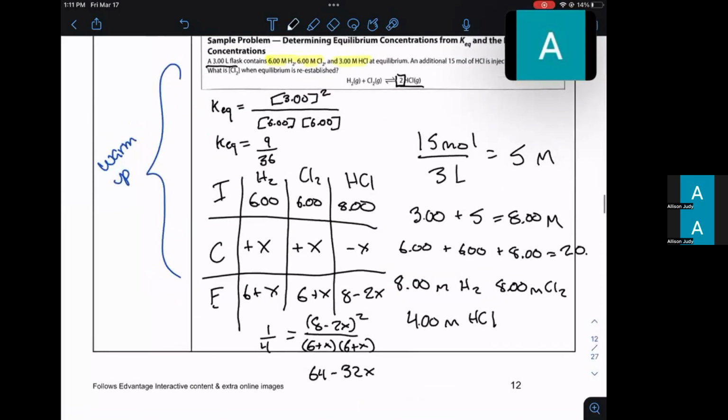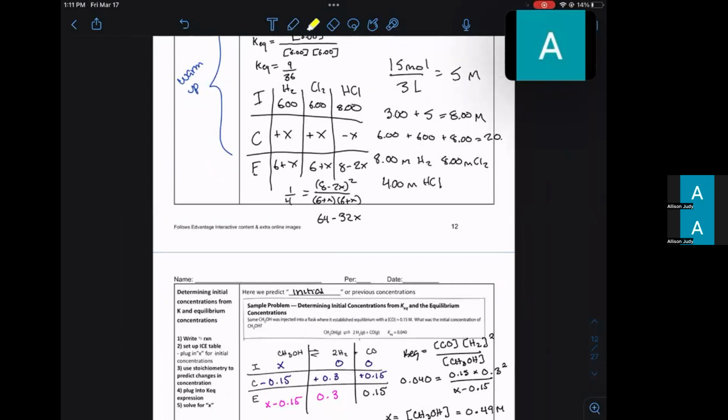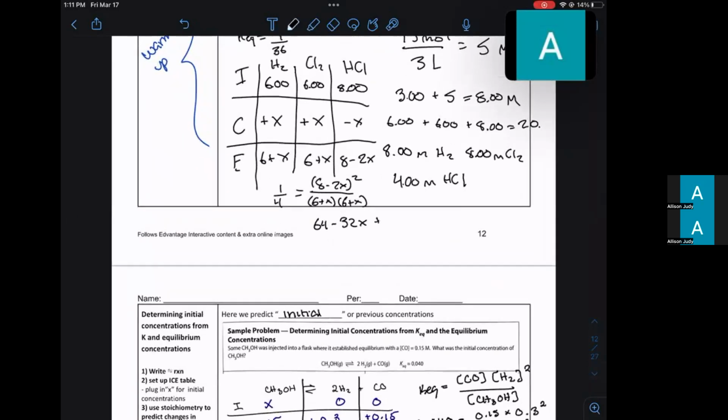Because you have 2 HCl in the KEQ expression, you square the concentration. It's this molar coefficient. 4 minus 32 x plus 4x. I feel like I'm doing this wrong. No, don't multiply it out. Do not multiply it out. Put a giant square. Okay.